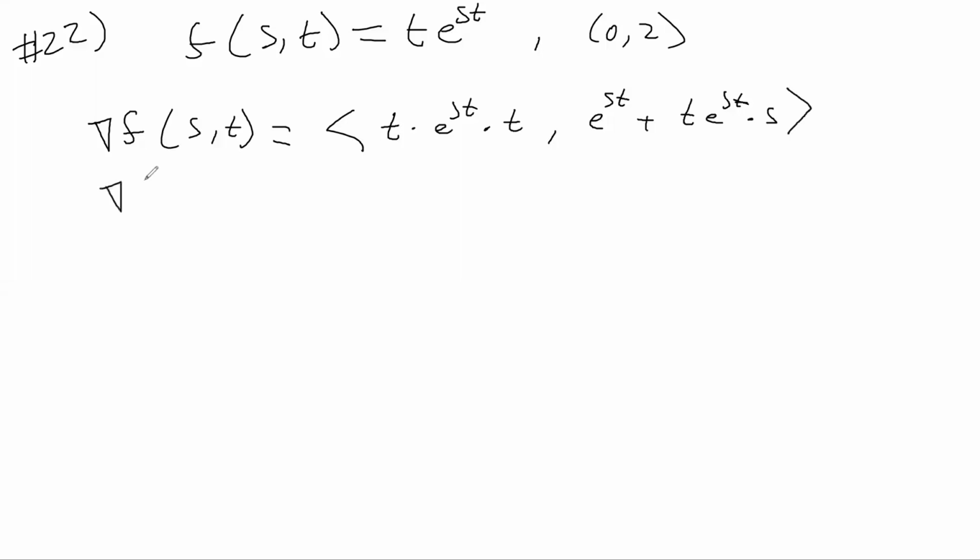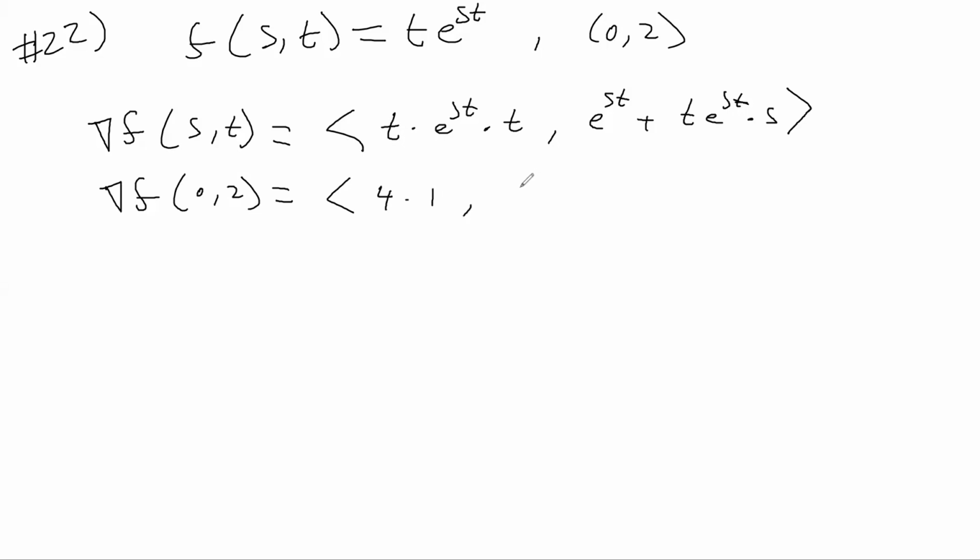And then what you want to do next is evaluate it at that point, 0, 2. So s is equal to 0 and t is equal to 2. So it'll be 4 times 1 for f sub s.